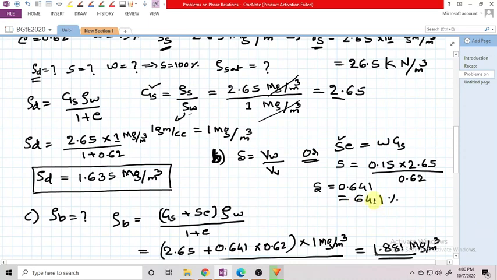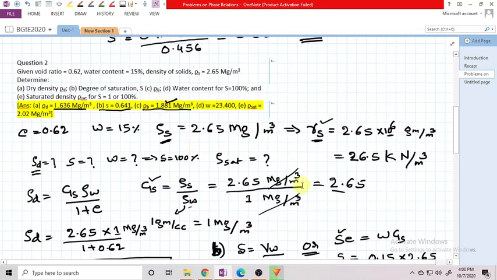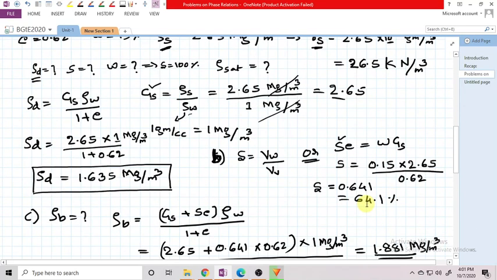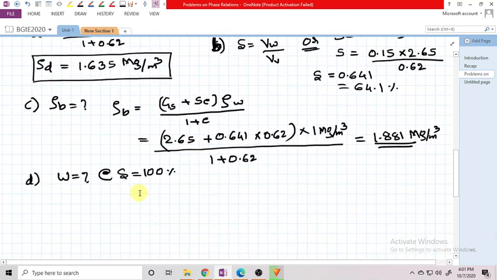Once the saturation increases, obviously the water content also will increase. So don't get confused about why they are asking to calculate the water content again. This water content is for 100% saturation, and the given one is for 64.1% saturation.